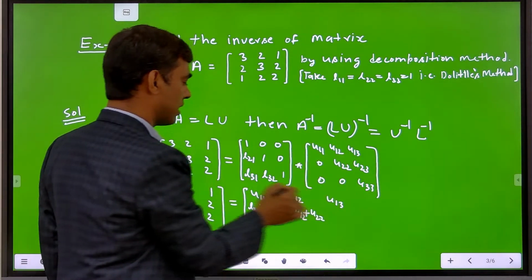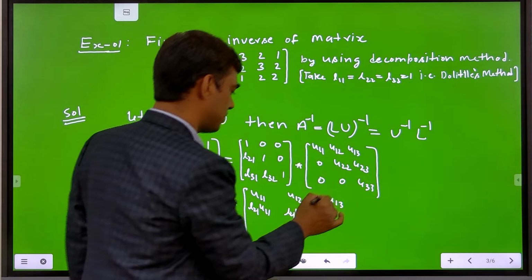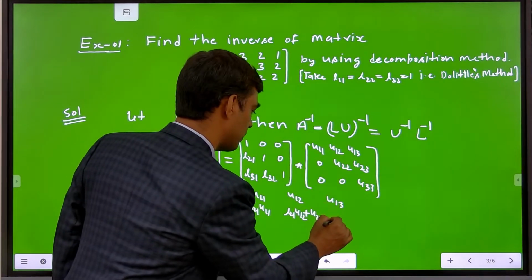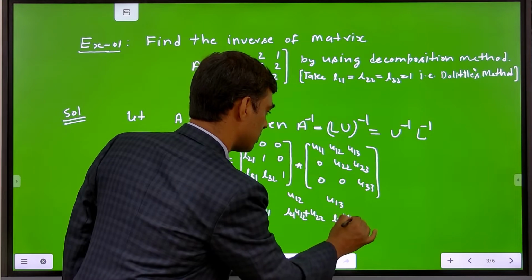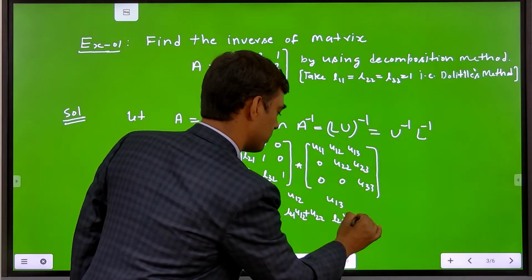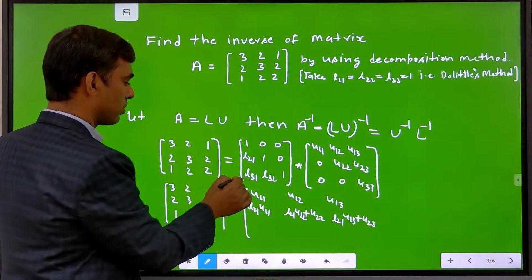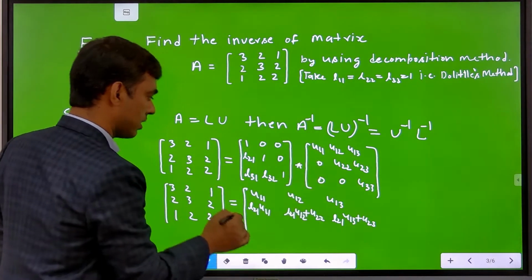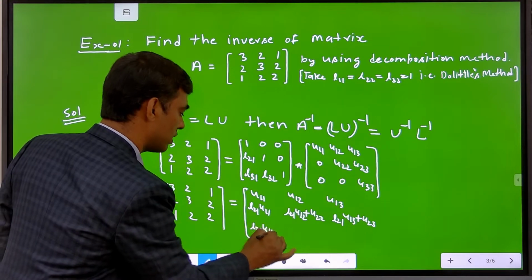Second row third column, multiplying element by element, becomes L21 U13 plus U23. Now third row, first column becomes L31 U11.